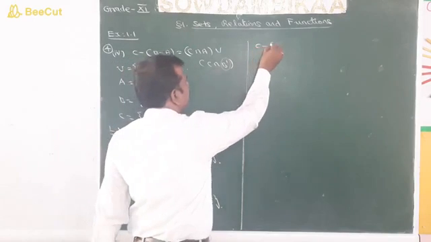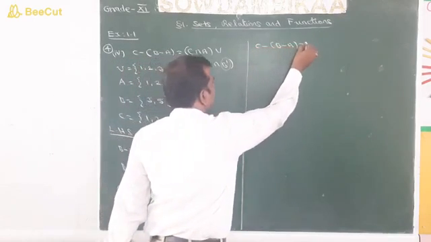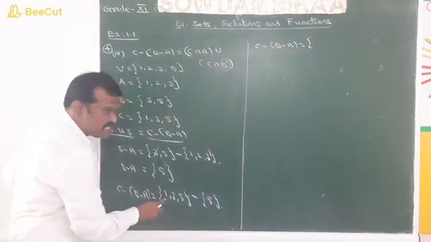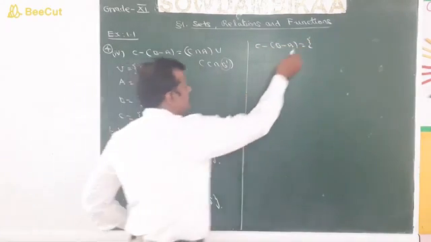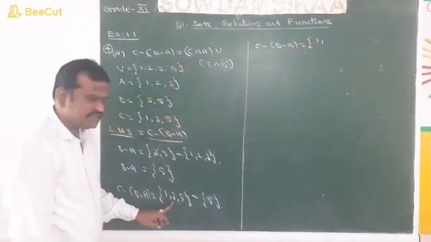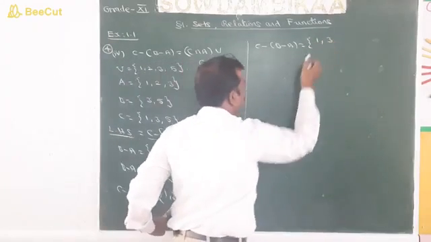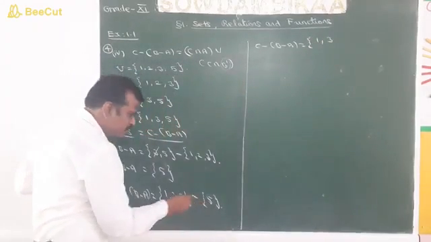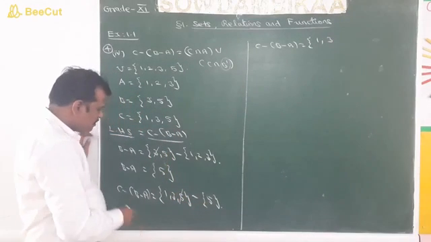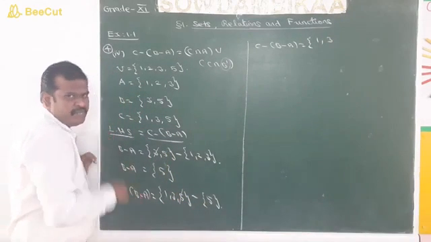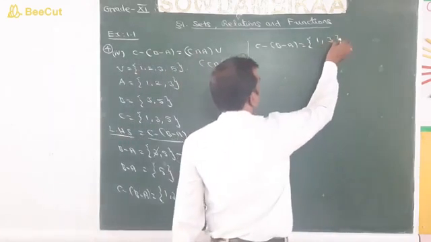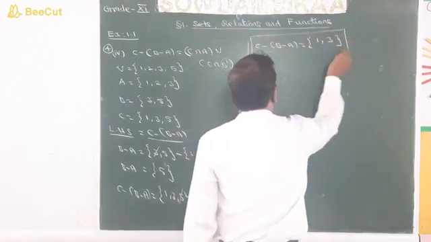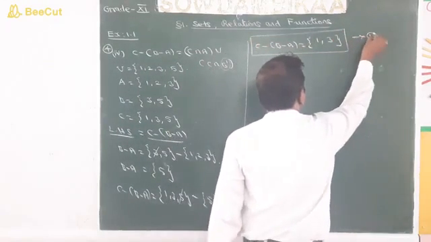So C difference, B difference A is equal to, so 1 is here, 1 is not there, therefore 1 will come. 3 is here, 3 is not there, therefore 3 will come. So 5 is here, 5 also there, therefore 5 we have to strike out. So elements of C not in B difference A. So this is the element 1, 3. So let it be equation number 1.